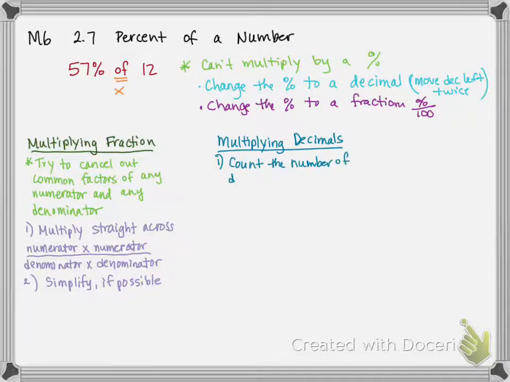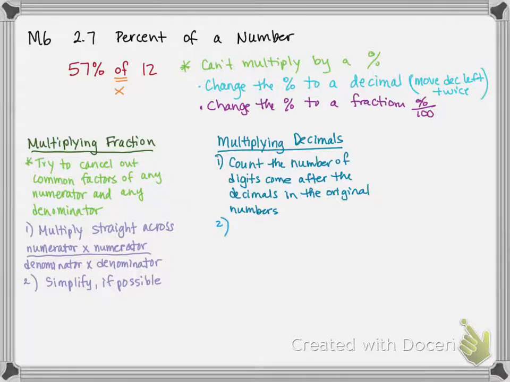Those are individual one-digit numbers. Come after the decimals in the original numbers. We're just going to kind of hold on to that number. We can write it down. I like to make dots, and so then I count up the dots when I'm ready to put my answer in.